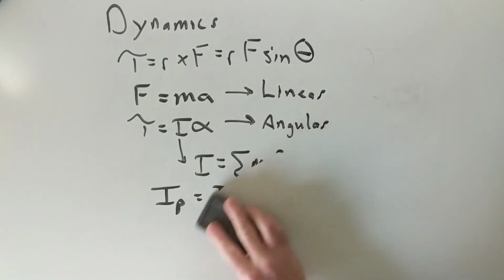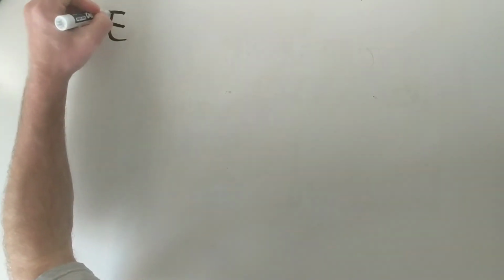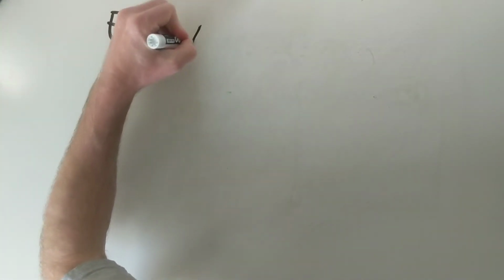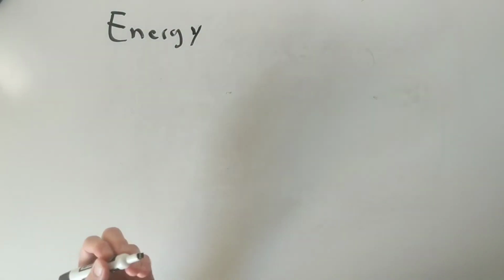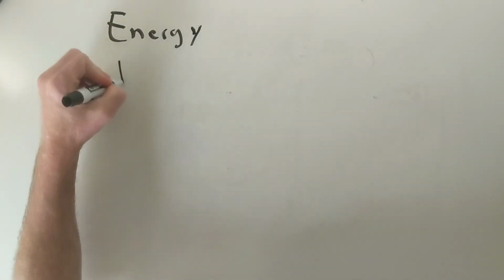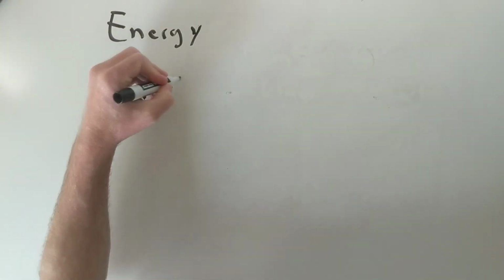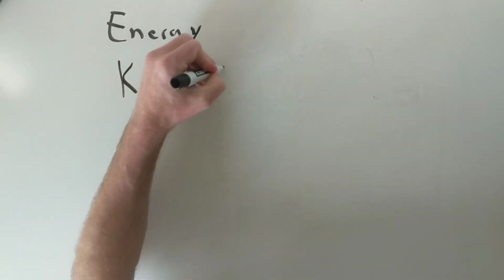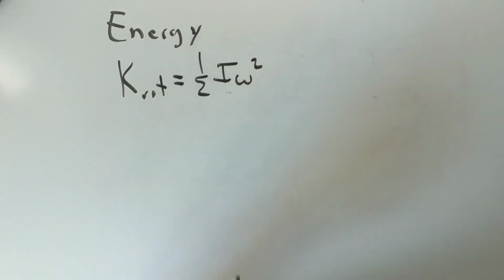Now, the next phase of this dealt with energy. And when we reviewed energy, we said that conservation of energy is still going to be one of the key things. And that's not any different. All we're really doing here is introducing the fact that things that rotate are going to have this energy, 1/2 I omega squared, where I is the moment of inertia and omega is the angular velocity.